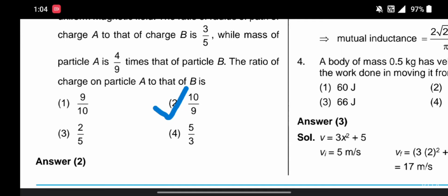So here is question number 3. Let us try to solve and find the answer now.